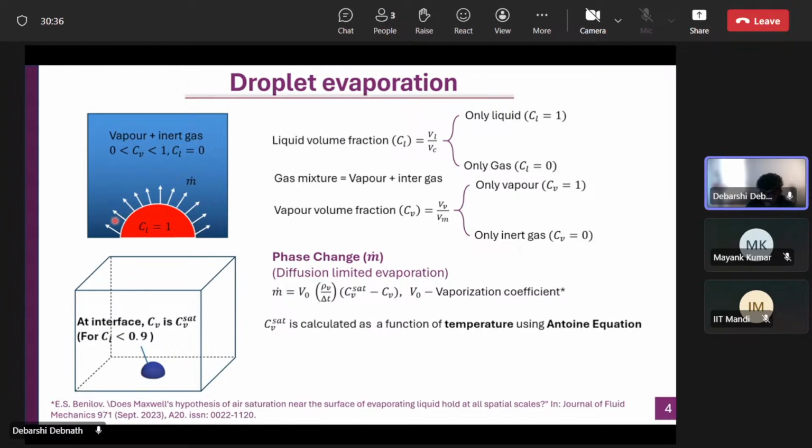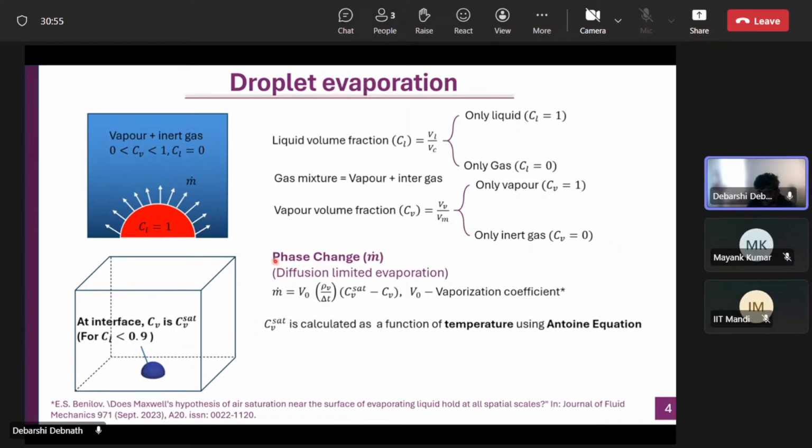Now these arrows denote that the droplet is evaporating, and m dot is the rate of phase change, that is, the mass of the liquid that is converting into vapor. Now, how do we define this phase change?